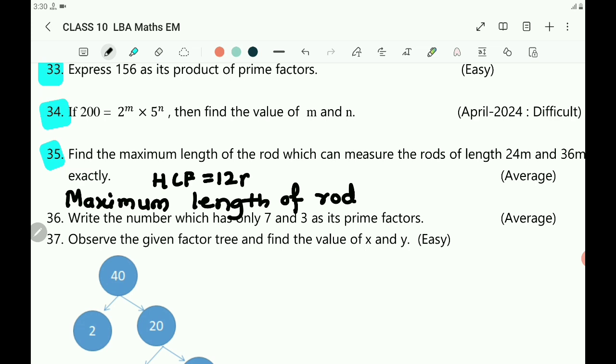So you take 12 meter. Maximum length of the rod which can measure the rods of length 24 meter and 36 meter exactly is 12 meter.